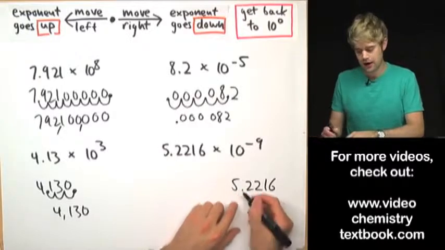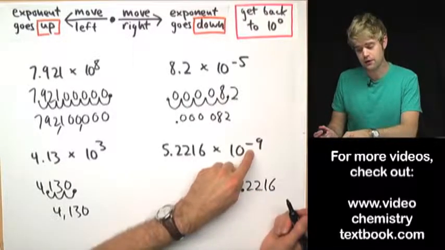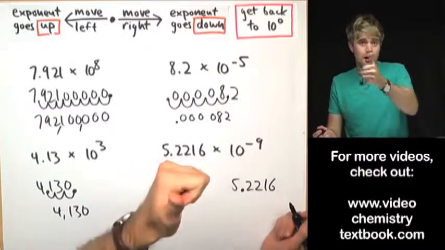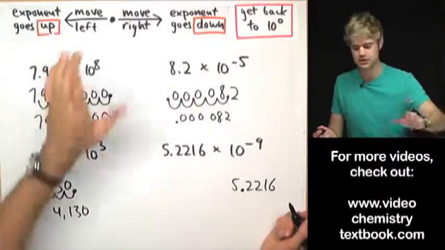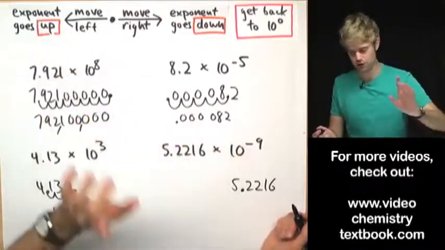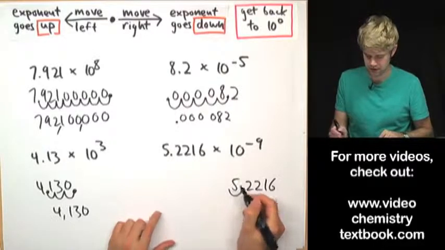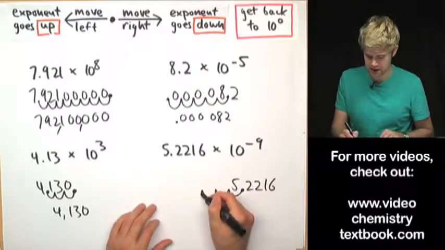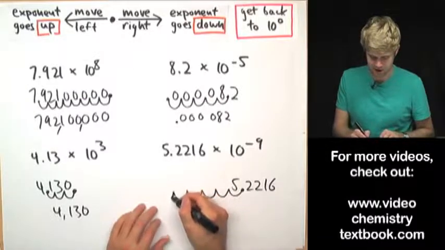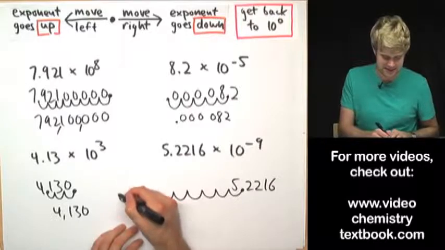5.2216. When the decimal place is here, we're at 10 to the negative 9th. So I want to go up to get it back to 0. So I'm going to be moving the decimal place to the left to get this exponent up. So negative 9th here, negative 8th, negative 7, negative 6, negative 5, negative 4, negative 3, negative 2, negative 1, 0.